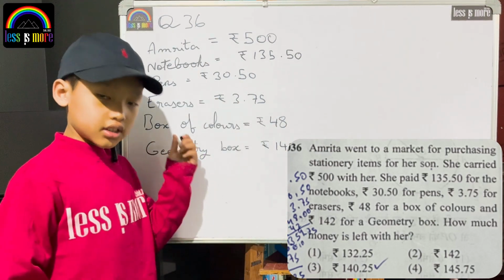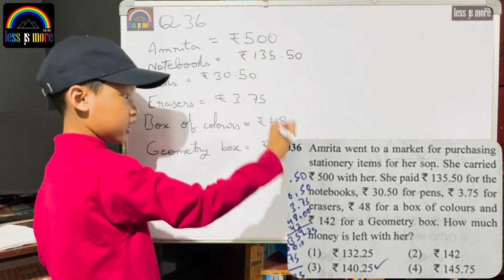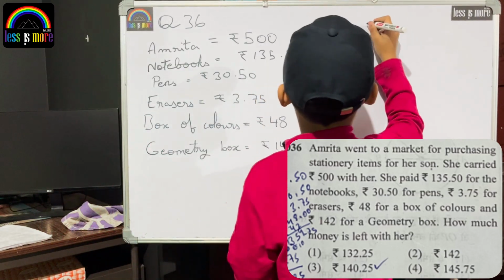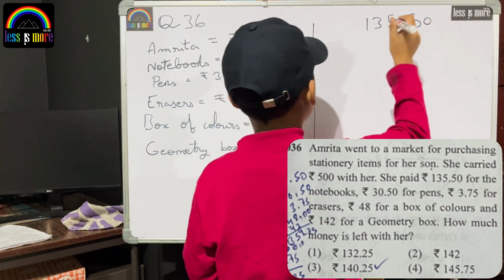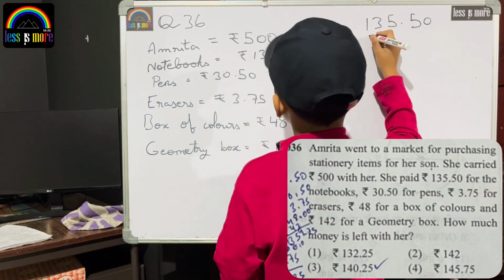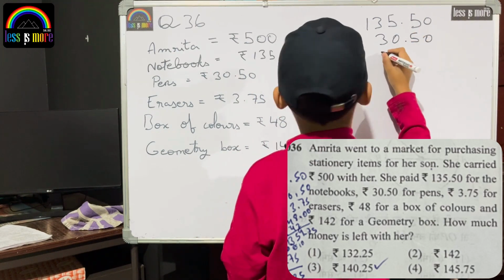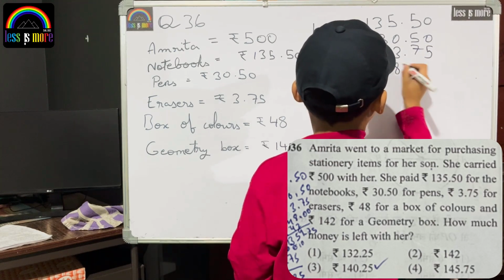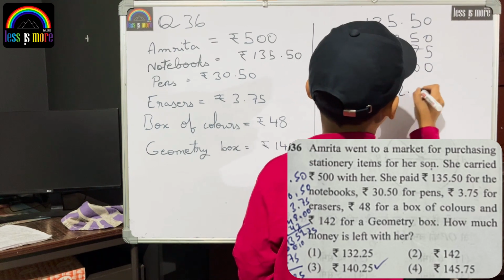To solve this question, we have to add how much money she used in all. We have to add 135.50, 30.50, 3.75, 48.00, and 142.00.